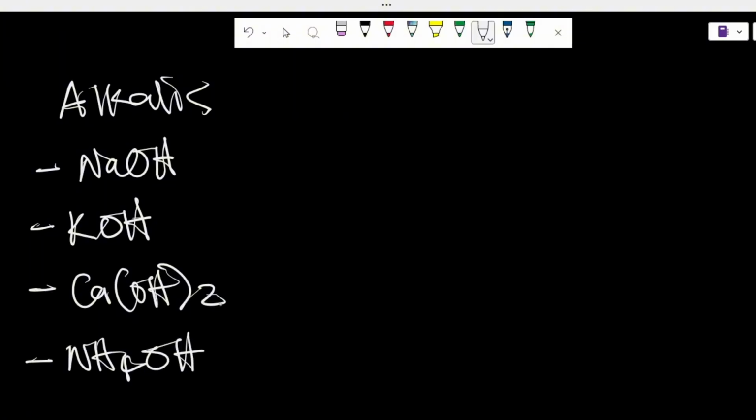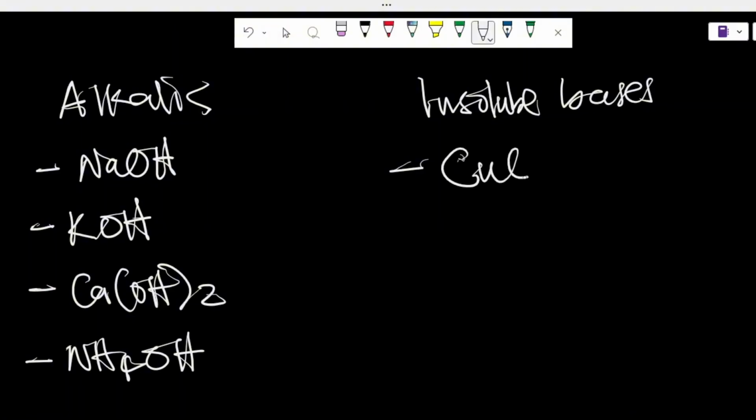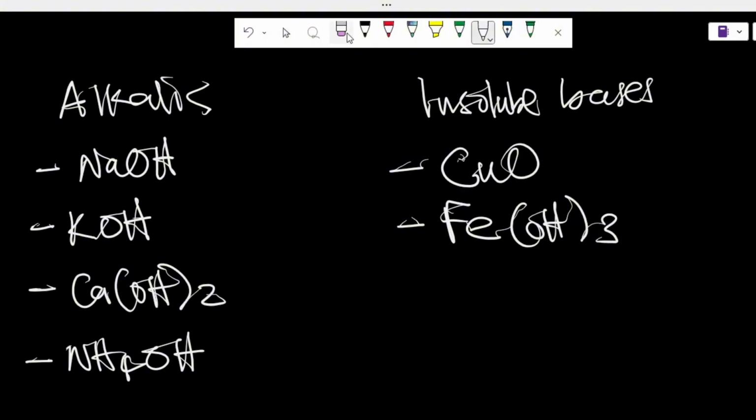All these are alkalis, but you have some insoluble bases like, let's say, copper oxide is an insoluble base, and you have iron hydroxide, and so on. So make sure that you understand the differences between alkalis and bases.